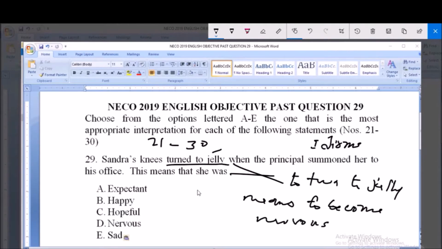So option A says expectant, option B says happy, option C says hopeful, option D says nervous, option E says sad. So from this explanation we find out that D is what relates to the explanation of turn to jelly. So option D is correct.